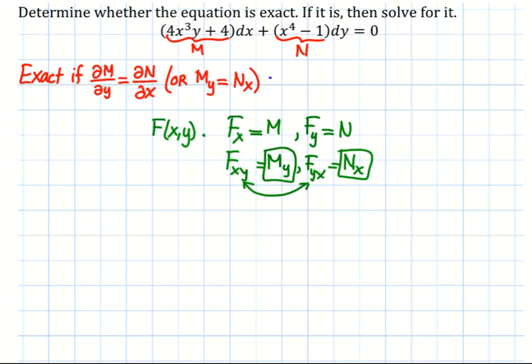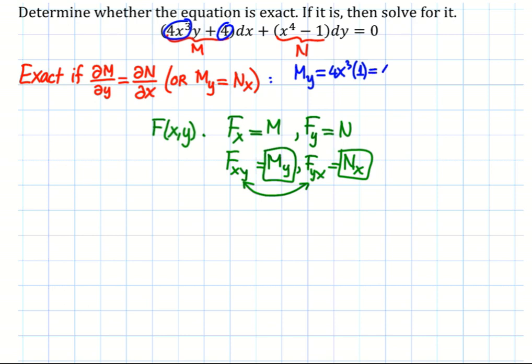So we just pretty much do that. The derivative of M with respect to y. Now this is the function with respect to y. So for 4x cubed here, it's just a constant. So we're going to have 4x cubed, that constant, times the derivative of y, which is 1. 4 is a constant, and its derivative, of course, is 0.